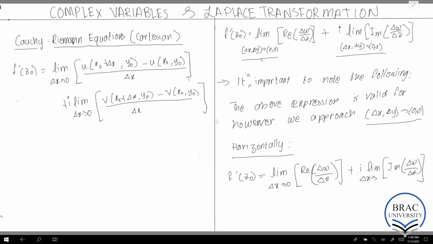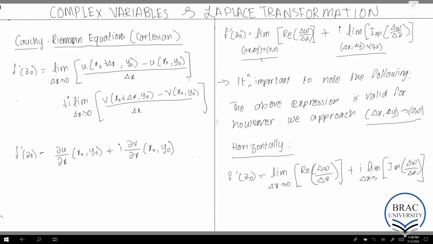If we further break it down, this by definition would give us du over dx at x naught, y naught, plus i dv over dx at x naught, y naught.